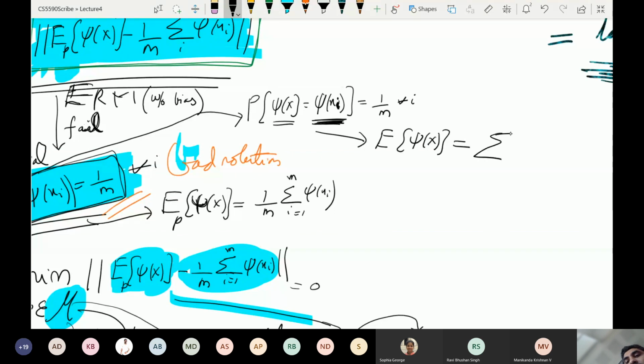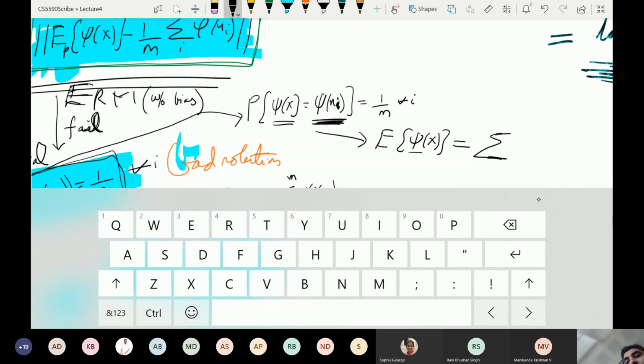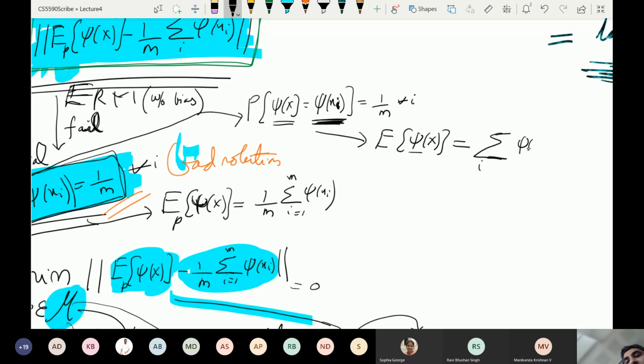So its value will be a summation over all values of the variable. For each i, psi of xi are the values times the probability of psi of xi, which is 1 by m. So what is the answer? Simply 1 by m summation of these. Is that clear? Yes.